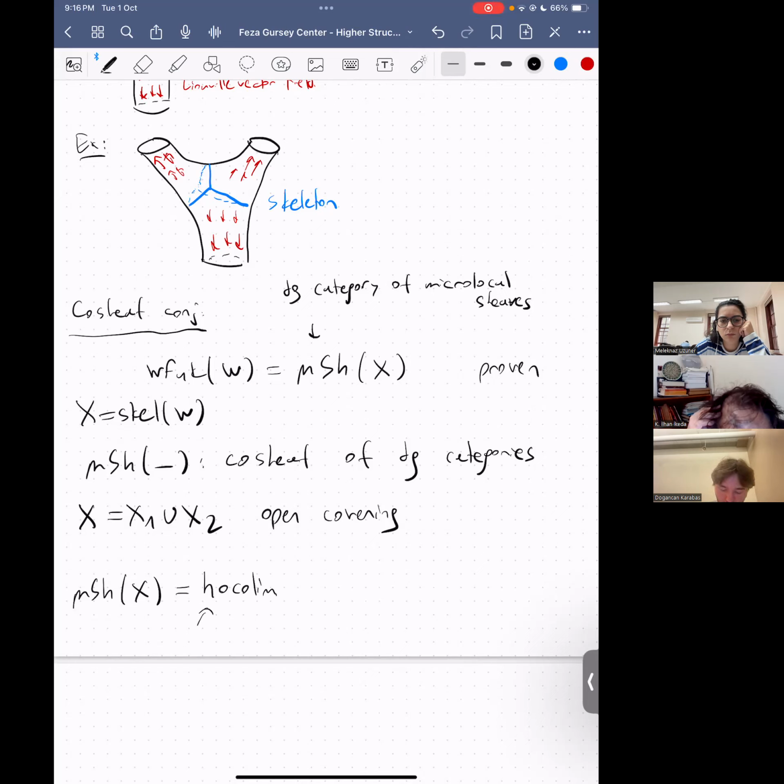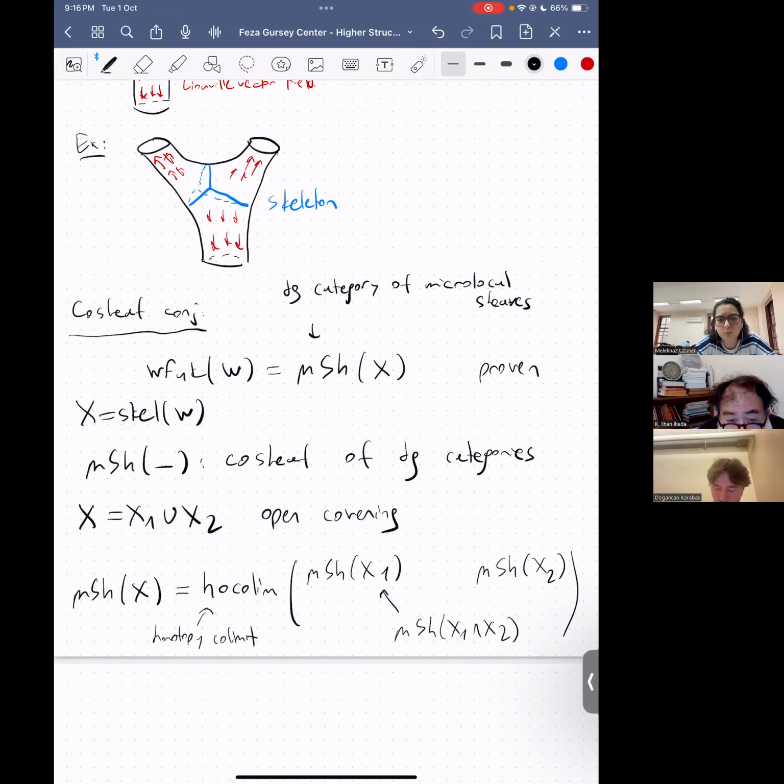The homotopy colimit of microlocal sheaves on X1 and X2, and you glue them basically. So there's a gluing formula. You can compute microlocal sheaves locally, then glue them. But this gluing is not a sheaf, this is a cosheaf. In sheaf language, normally gluing is a limit.